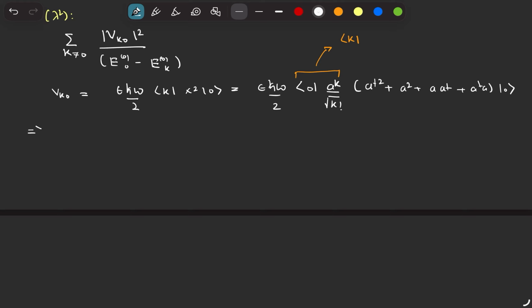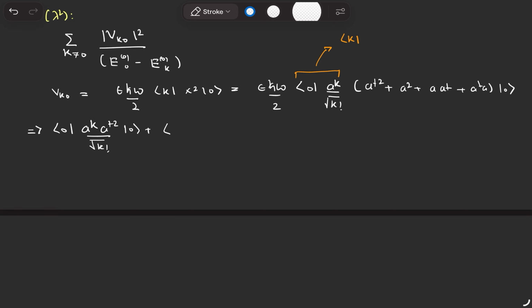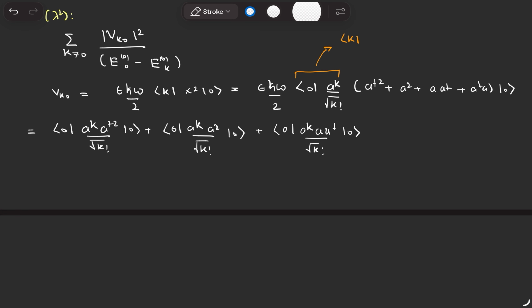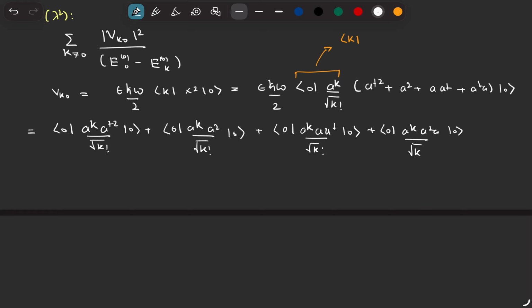So that will be 0 ak a dagger squared upon square root of k factorial 0 plus, this will be 0 ak a squared upon square root of k factorial, plus 0 ak a dagger upon square root of k factorial, this is again 0, and this is 0 ak a dagger a 0 upon square root of k factorial.